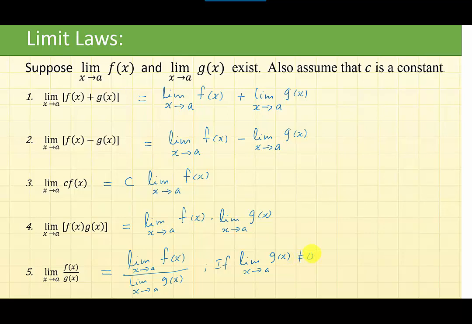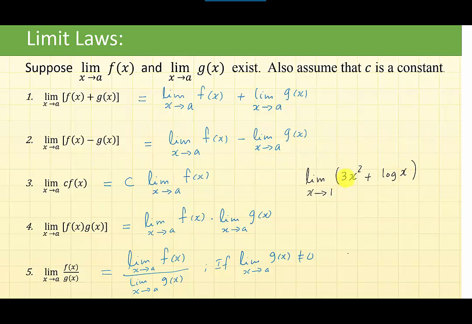So there are some more limit laws. Now let's look at an example where we can use these limit laws. Suppose we want to find the limit as x goes to 1 of 3x squared plus log of x.